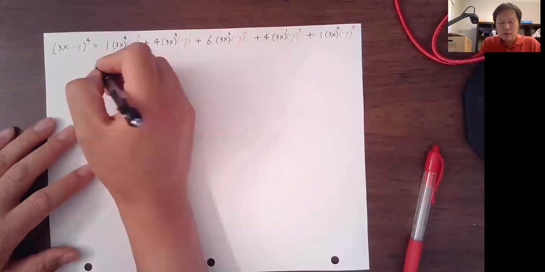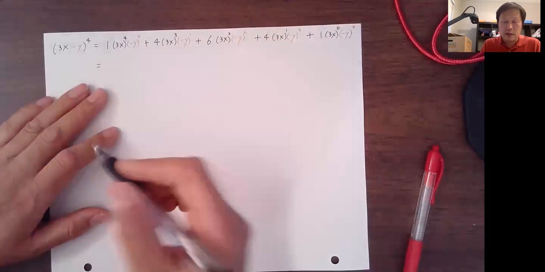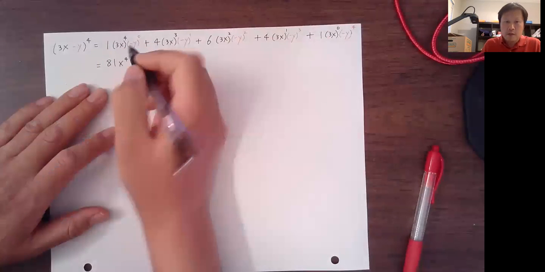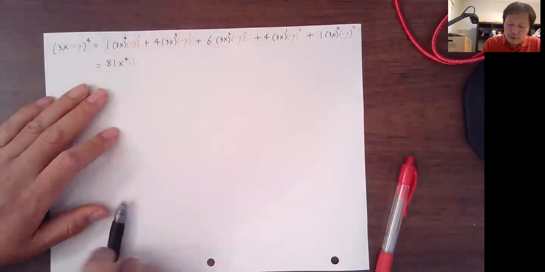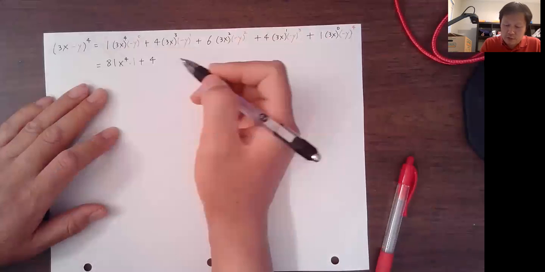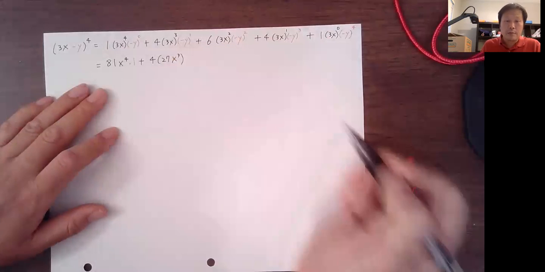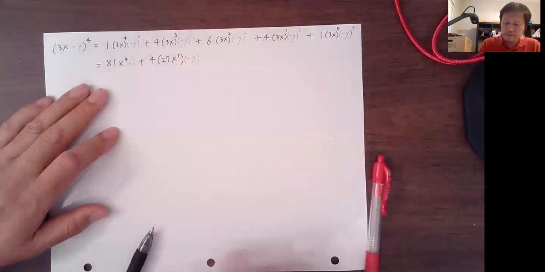Now, 1 times doesn't do much. 3 to the fourth power is what? 3 times 3 is 9. 9 times 9 is 81 x to the fourth power. The 0 power is 1, multiplying by 1. 4 times 3 to the third, 9 times 3, 27 x to the third. And minus y to the first power is minus y.